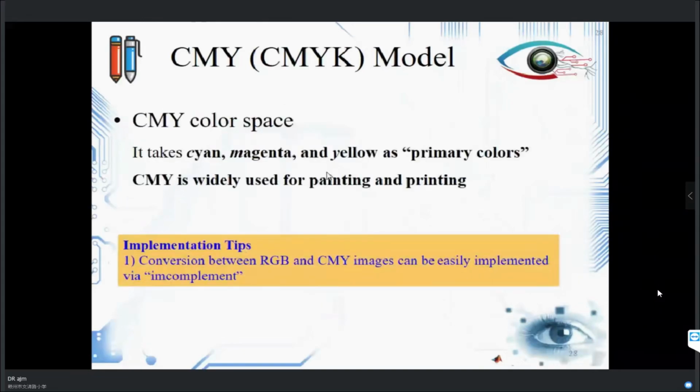Then the CMY color space takes the colors as I said. If we want to convert from RGB to CMY, we have one statement in MATLAB which we call imcomplement.